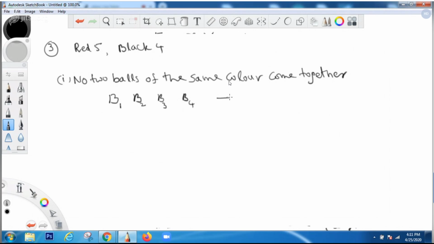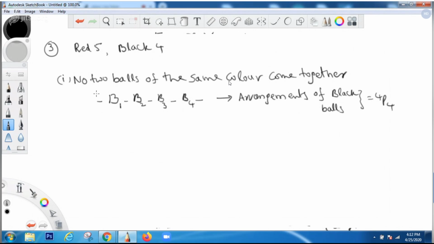There are 4 black balls. How many ways can they be arranged? 4P4. That's good. Arrangements of black balls is equal to 4P4. Now, in between places, this is vacant, this is vacant, this is vacant, this is vacant, this is vacant.